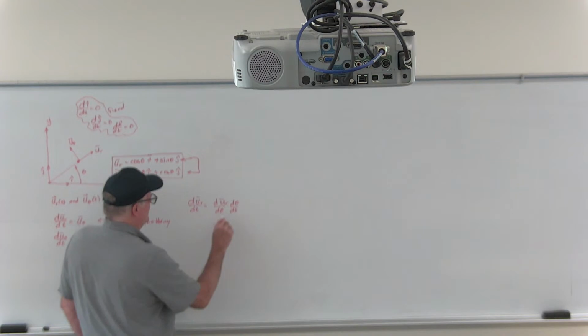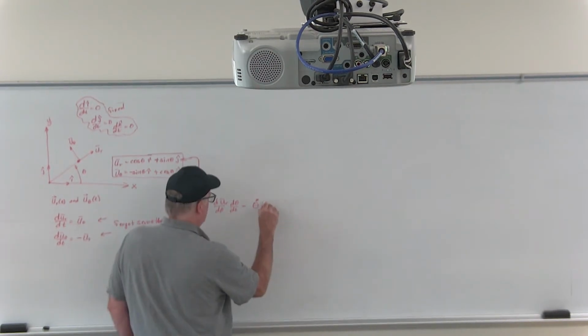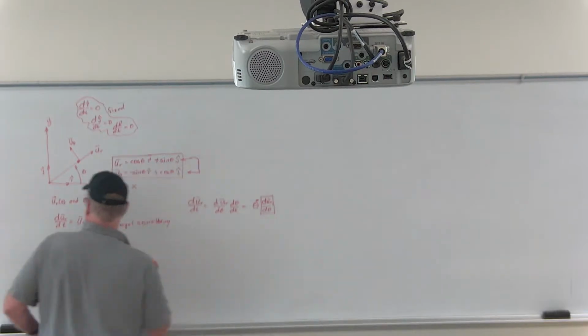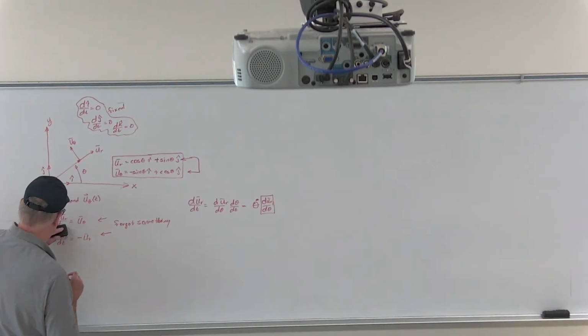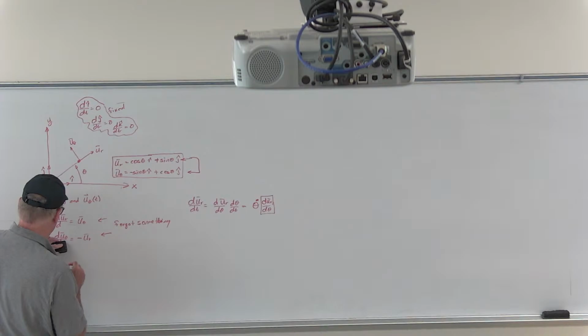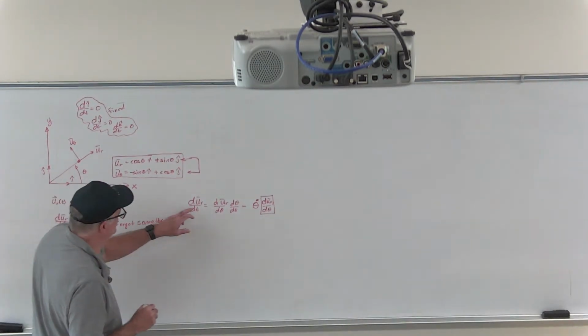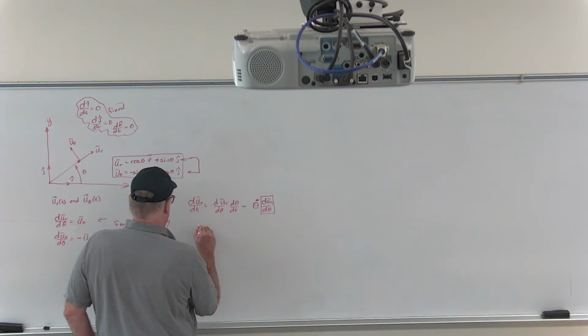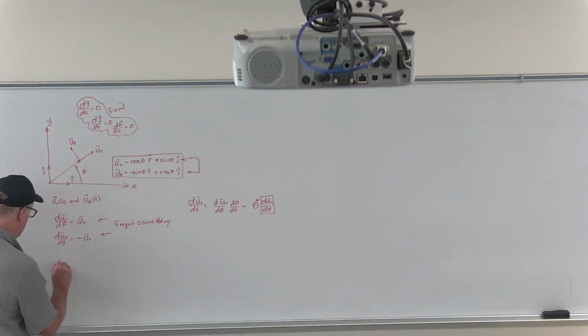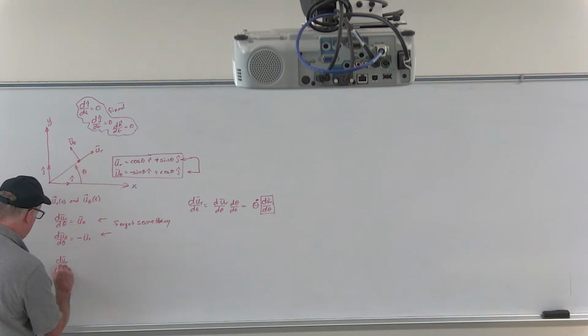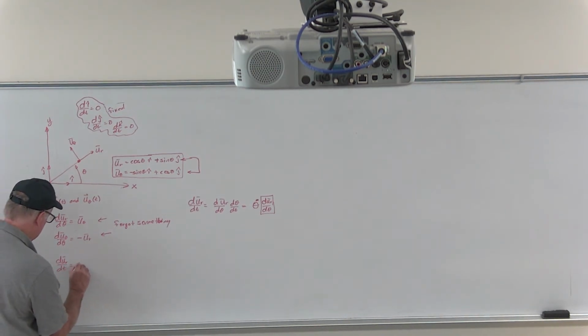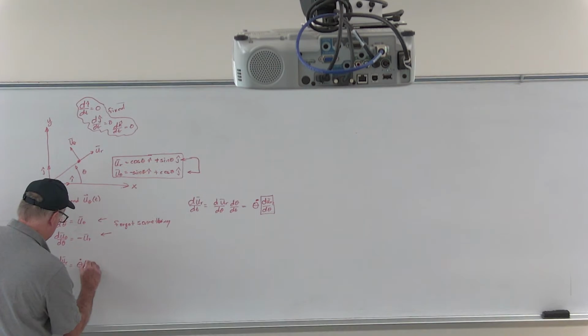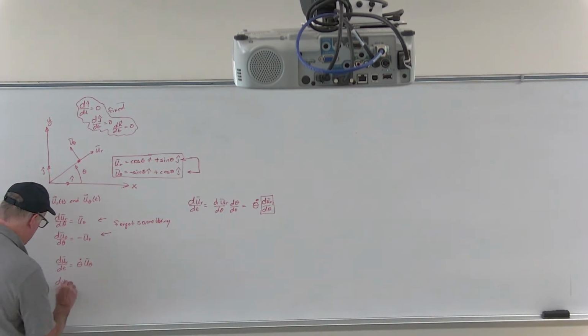So this means theta dot d r d theta. That was the part, so this should have been written like so. And if I want to know the rate of change, then what you'll find out is dUR/dt is equal to theta dot times U theta. We'll put this together in a second.